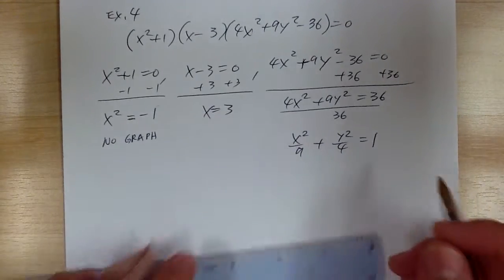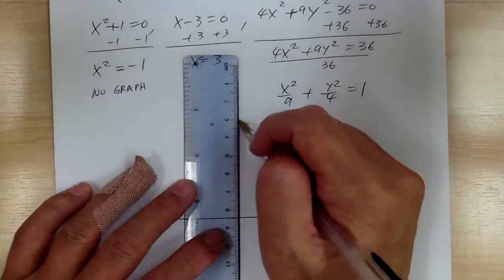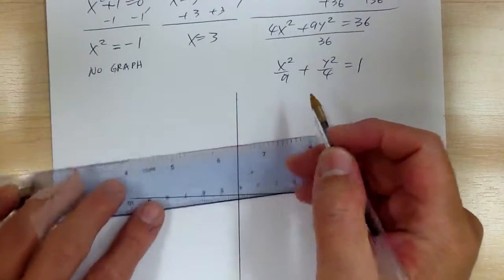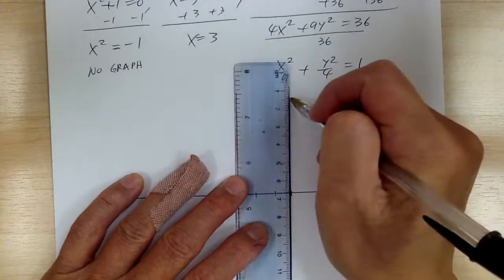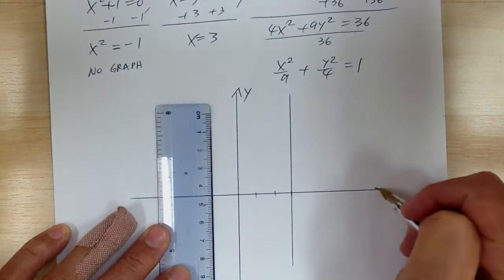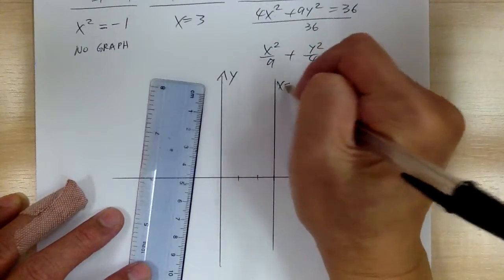If you were to sketch these things out, this has no graph. This one is x = 3. This one is the line, x = 3.